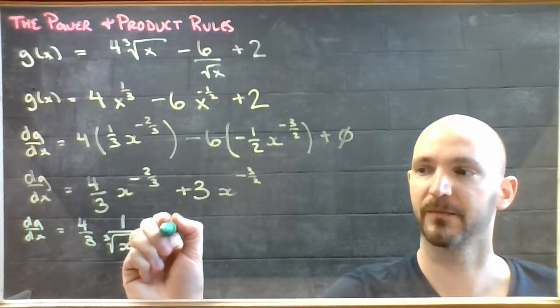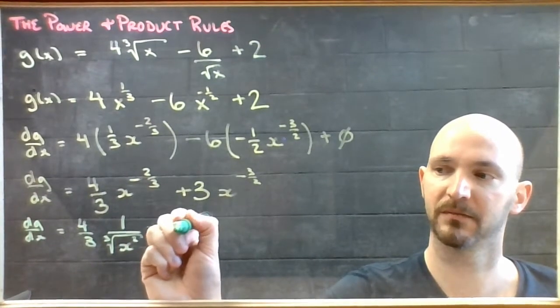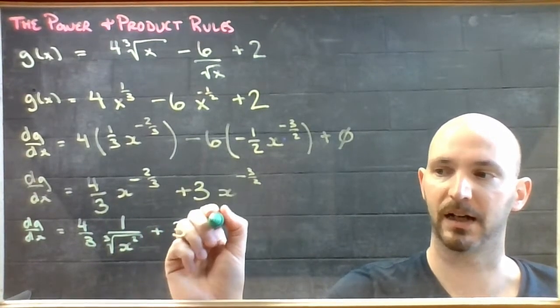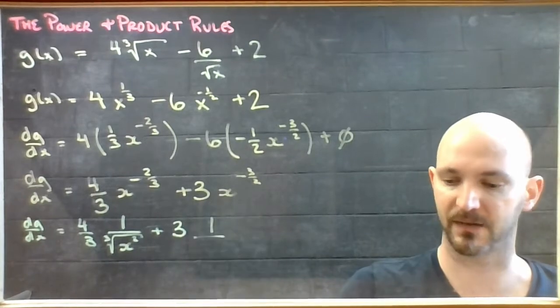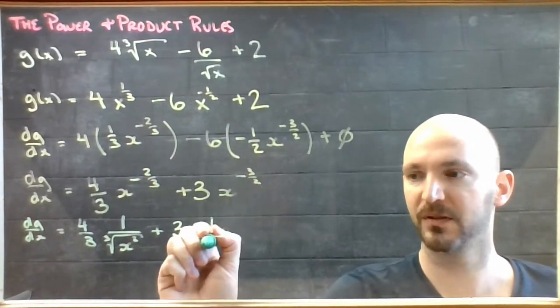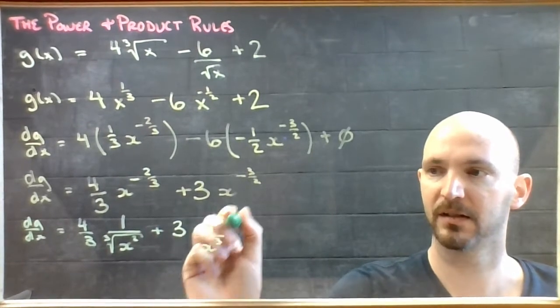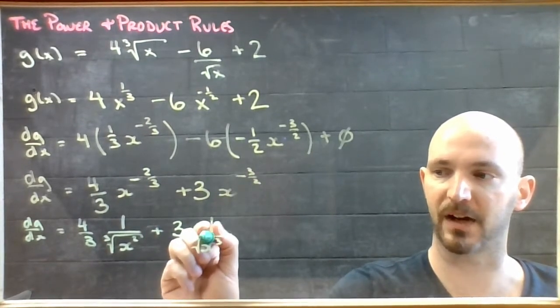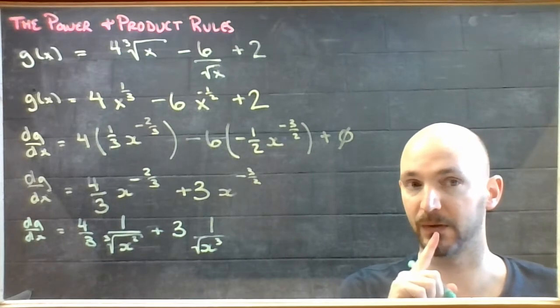This one would be plus 3. I need a denominator because of that negative. It would be x cubed otherwise, and it has a 1/2 type fraction, so I have a square root.